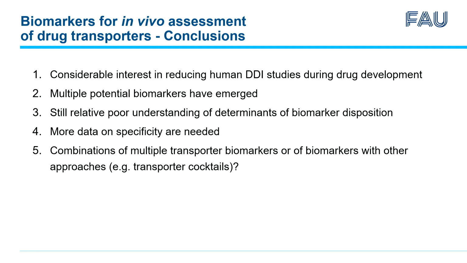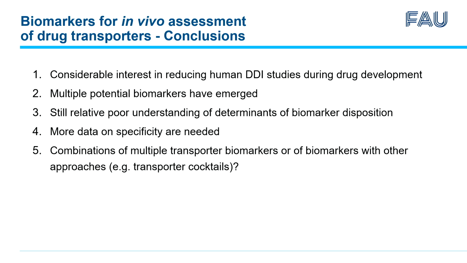We have, as I mentioned, a relatively poor understanding for many of the biomarkers of their in vivo disposition, so mechanisms of formation and mechanisms of further elimination. We also need much more data on specificity of the biomarkers. It's not enough to show it's sensitive to a respective prototypical inhibitor of a transporter. No, we need to show it's also specific.